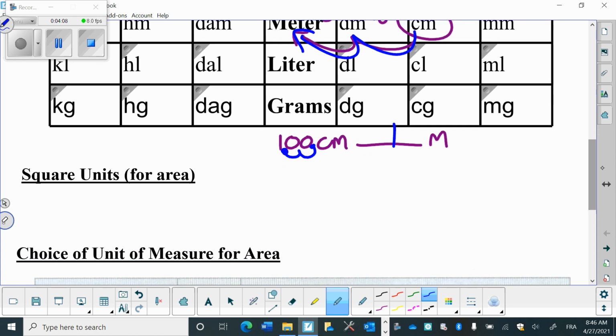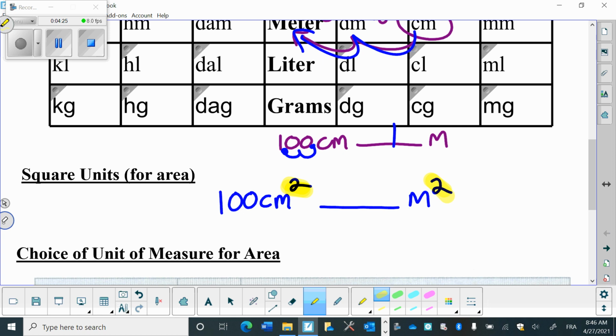When it's square units, there's one little trick. That's just centimeters here, but what happens if this same question was area? It was squared. Little hint here: the fact that it has a little 2, you just double your zeros or double your spaces. It's as easy as that. For example, I know that I have to travel 2 spaces, but because it's area, it's squared, I double the spaces.